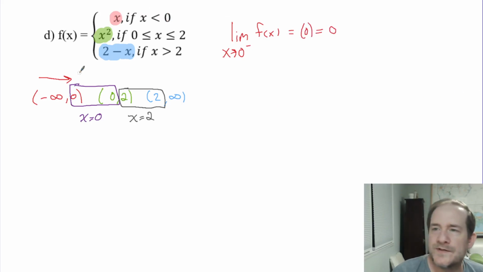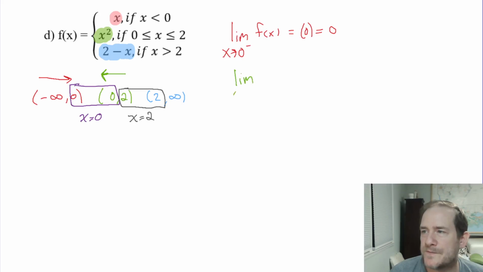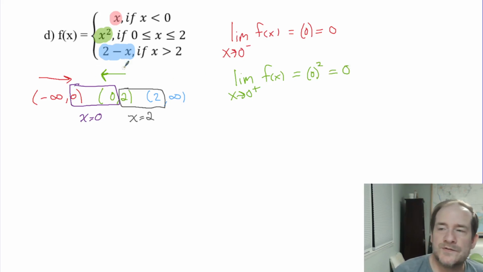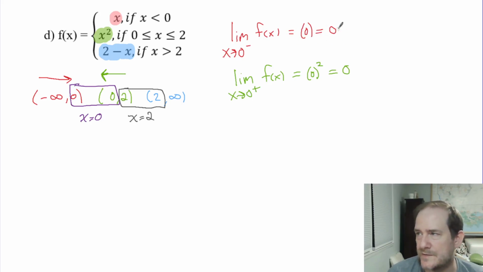Then if you want the limit from the right, that's going to come from the green function. And we're now doing the limit as x approaches 0 from the right of the function f of x. That's coming from the green function, which is x squared. And guess what 0 squared is? It's still 0. So far, it's looking like maybe we're continuous because the two limits are equal.